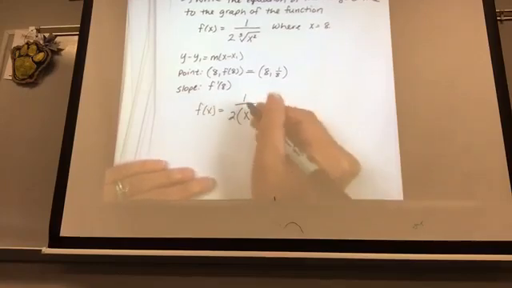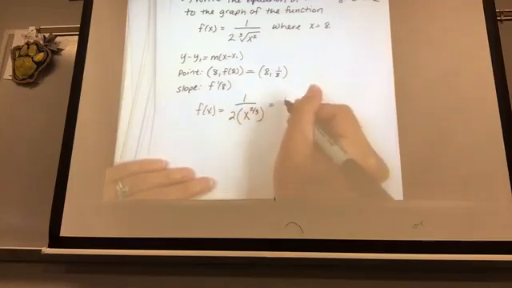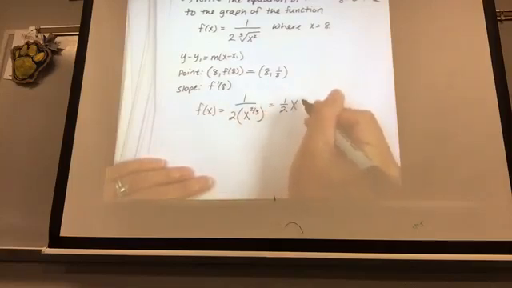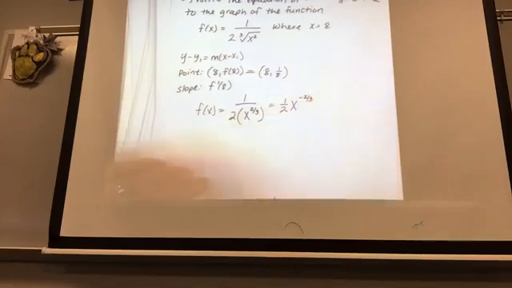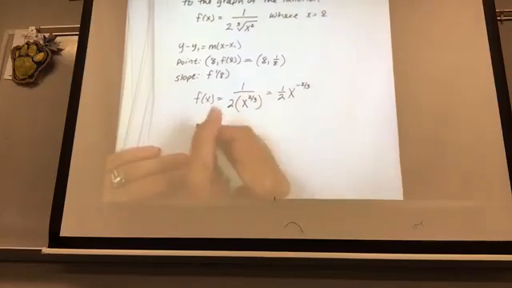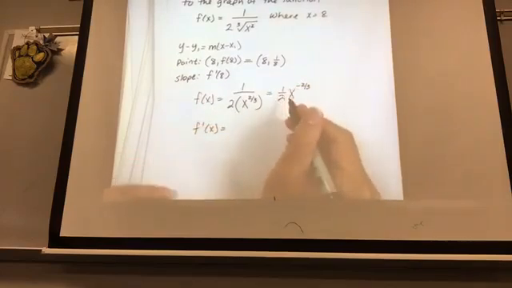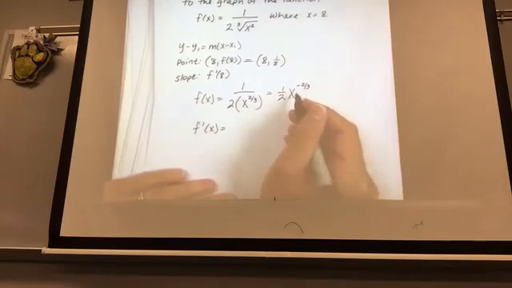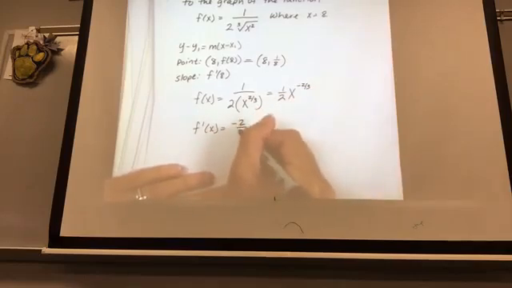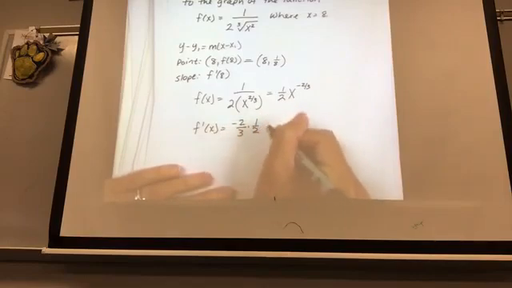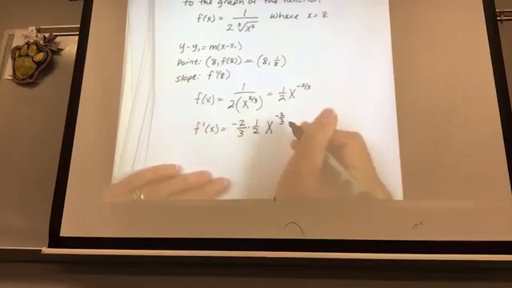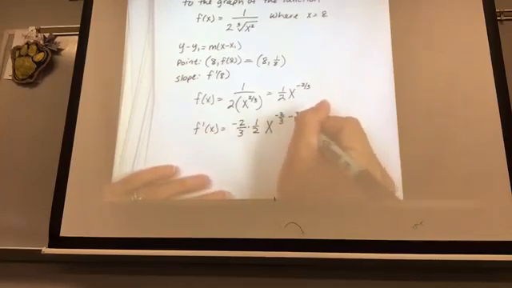So my coefficient is 1/2, and I'm going to write it as x to the negative 2/3. And now we can use the power rule to find the derivative. So f prime of x, I multiply my power to the front, so negative 2/3 times 1/2. And then subtract 1 from my power, which I'm going to write as 3/3.